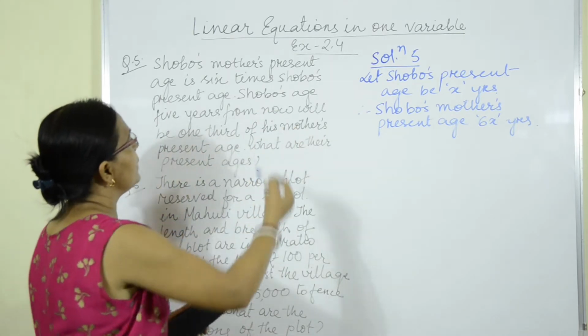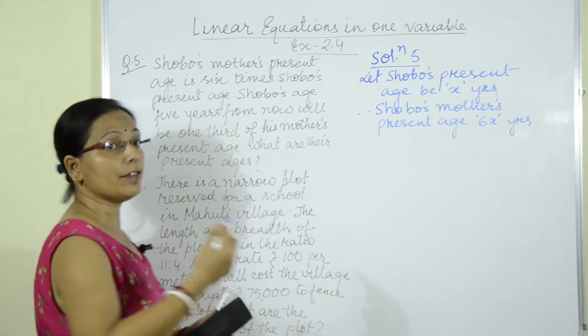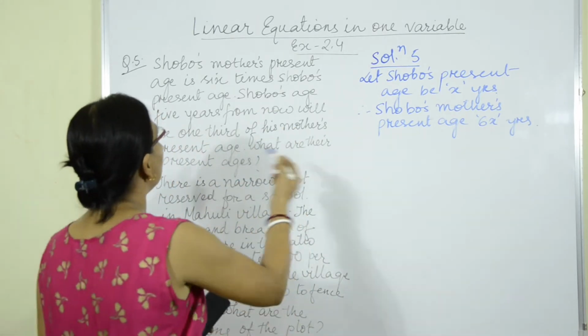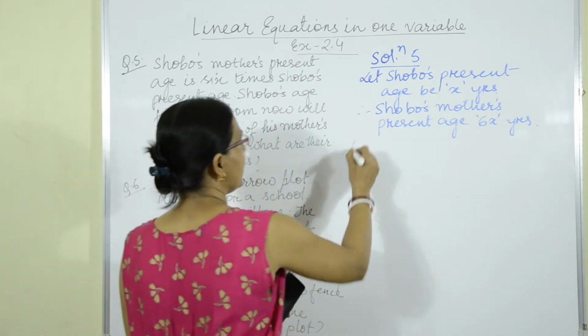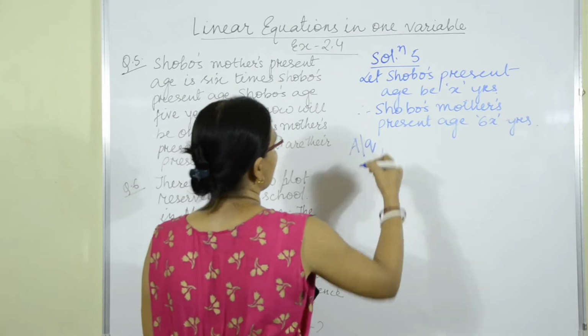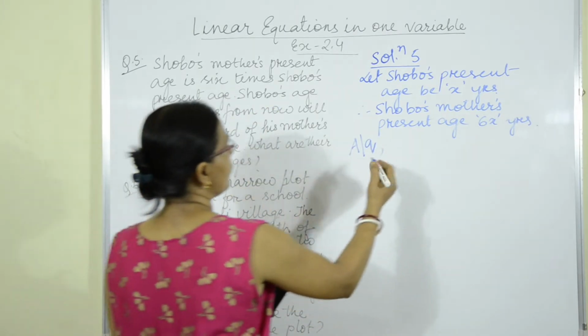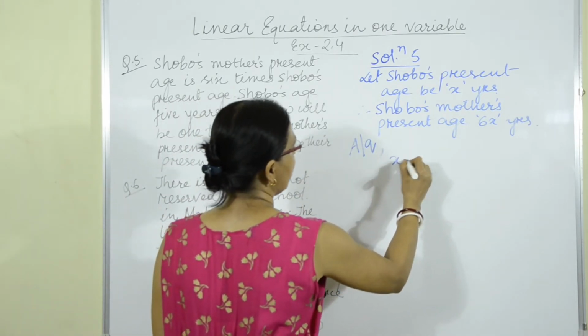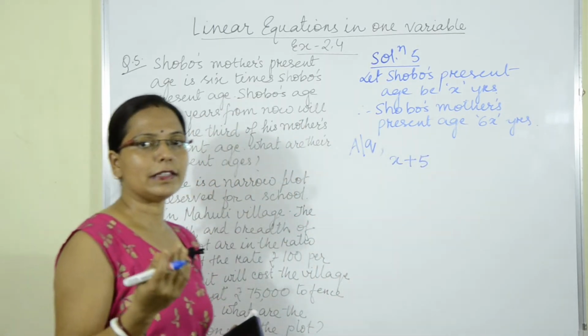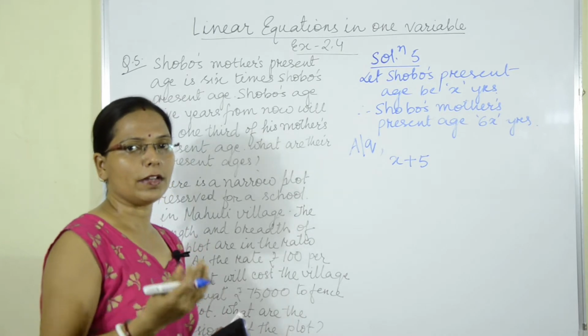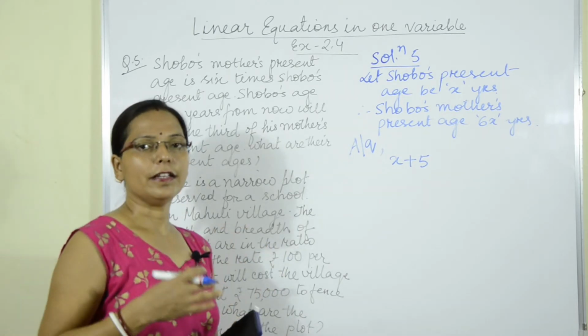Now, the next part, Shobo's age 5 years from now will be 1/3 of his mother's present age. Now, according to the question, Shobo's age 5 years from now will be x plus 5, is it not? After 5 years, if you are 10 years old now, then after 5 years, your age will be 15.